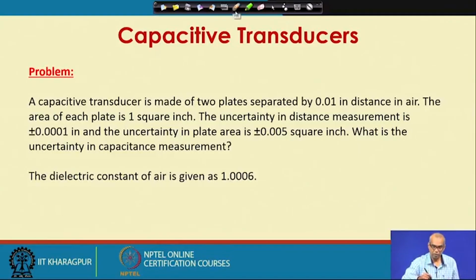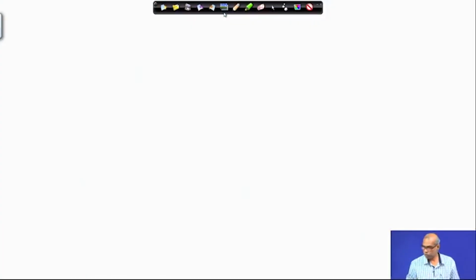So, how do I solve this problem? What you need to know is that the capacitance can be expressed as 0.225 epsilon A by D. So, 0.225 is the magnitude of the constant when we use inch to express D and square inch to express area.